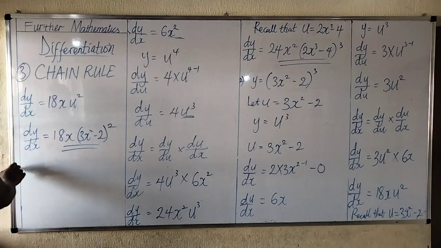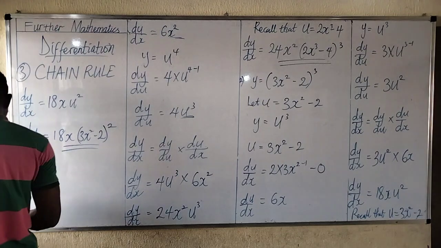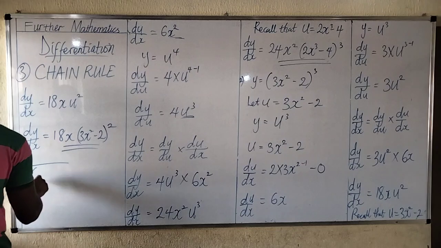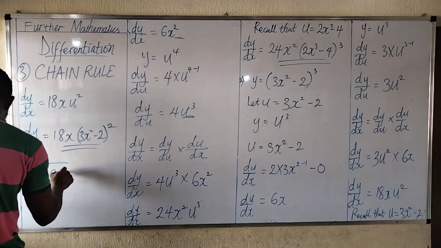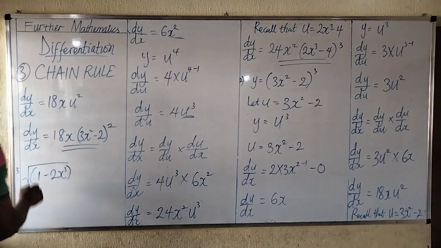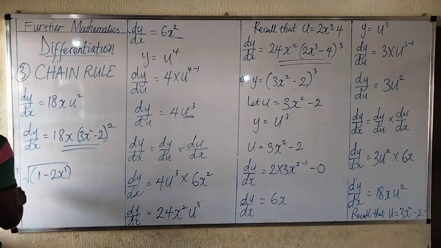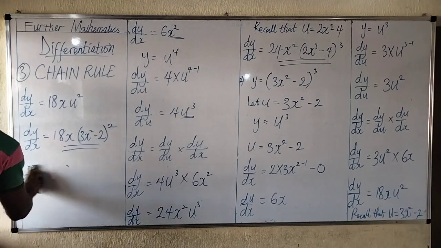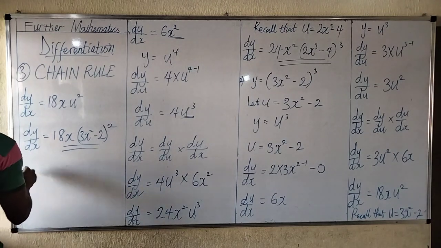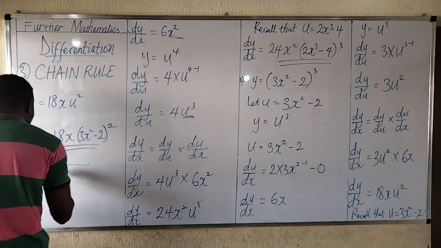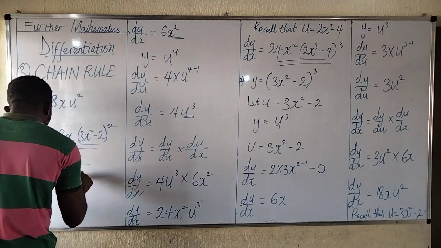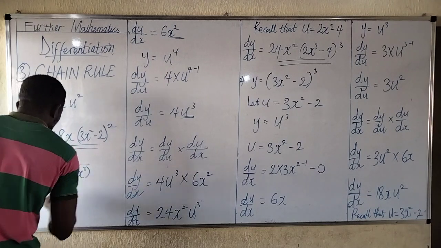We go over to question number 3. Question number 3 says root bracket open, 1 minus 2x cubed. Alright, this is the function that we have. Let me write it here. We have this function that y is equal to root of bracket 1 minus 2x cubed bracket closes.